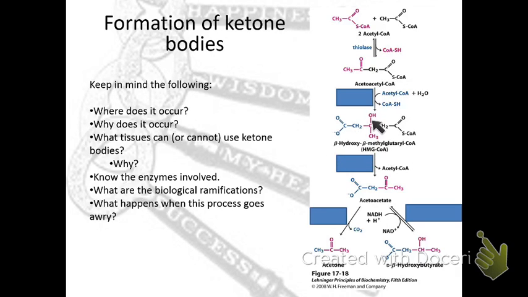So this is the beta carbon. It's beta because if we look at where the coenzyme A is located, there's the ground zero, so the alpha carbon, the beta carbon. So we have beta-hydroxy-beta-methylglutaryl-CoA, because it does look like glutamate otherwise.